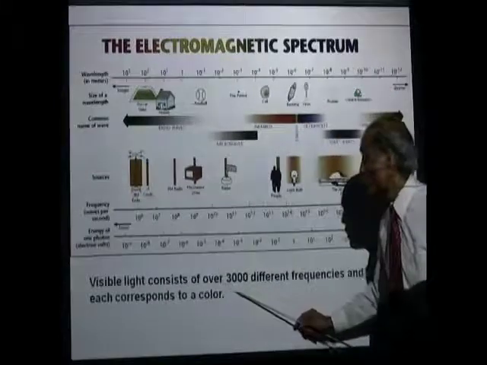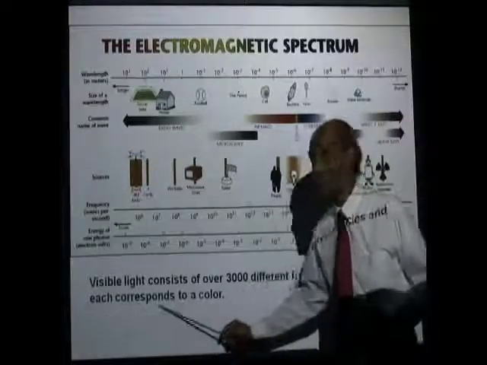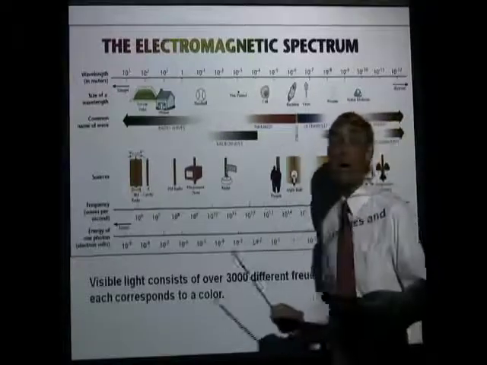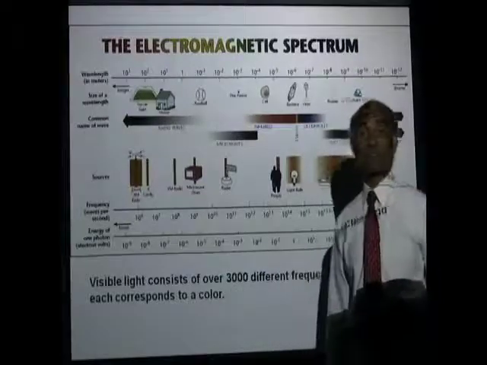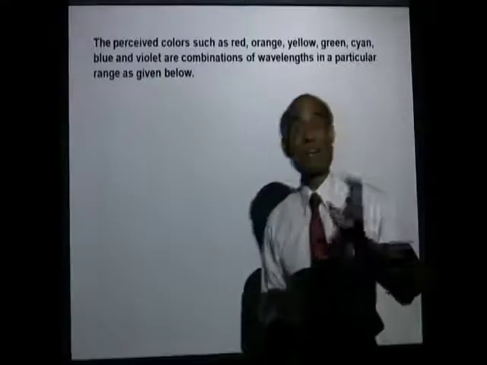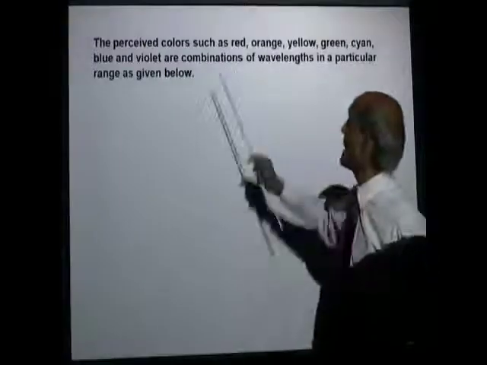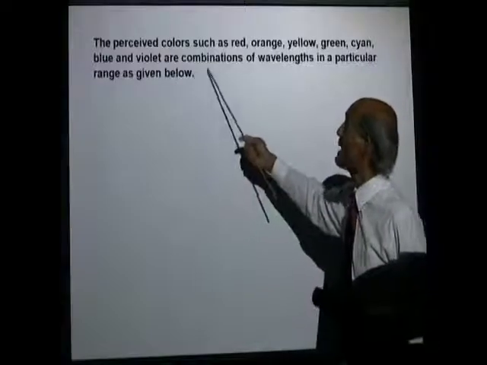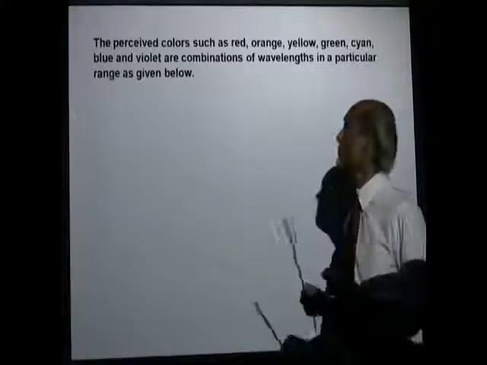Visible light consists of over 3,000 different frequencies, and each frequency corresponds to a color. So how many colors are there in our visible light? There are over 3,000 different colors. Well, very often people talk about 7 colors, the rainbow colors. Those perceived colors, red, orange, yellow, green, cyan, blue, and violet, are actually combinations of many hundreds of wavelengths.